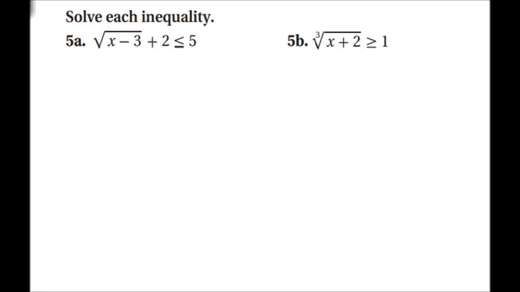And the inequalities, again, really nothing terribly different, except you do have to check for one little thing as you're coming up with the answer. So in this particular one, we still want to isolate the variable. And when we look at this, we have the square root of x minus 3 plus 2 is less than or equal to 5.